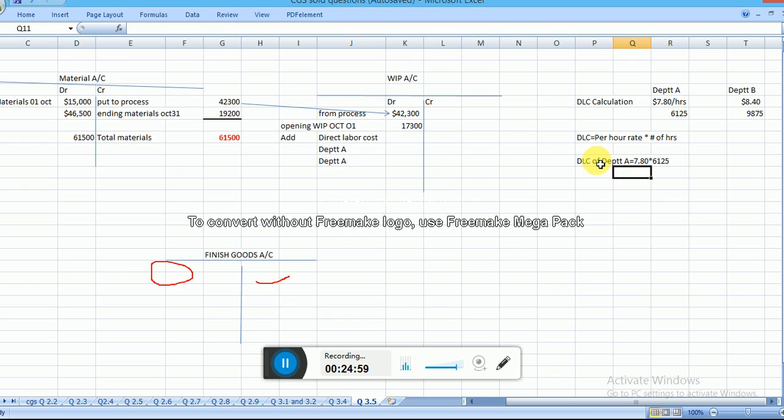So if I put these values in the formula, 7.80 multiplied by 6,125, so is equals to, this is the direct labor cost of department A. Clear?